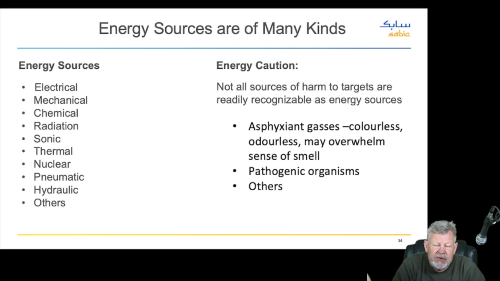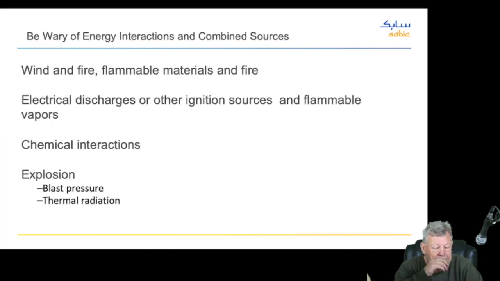But when I use something like argon to treat, it's once again a colorless, odorless gas. But in this case, the gas actually acts by producing chemical burns in my lungs. Pathogenic organisms, not always so easy to see that it's energetic, but it cannot do any harm if it doesn't have energy.